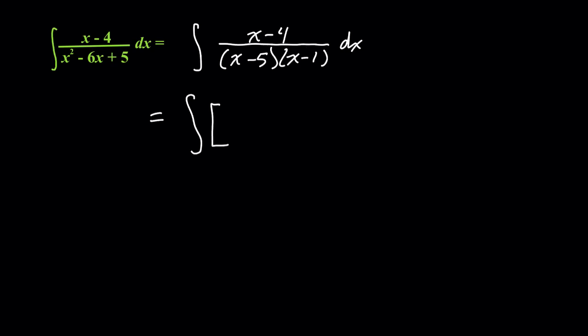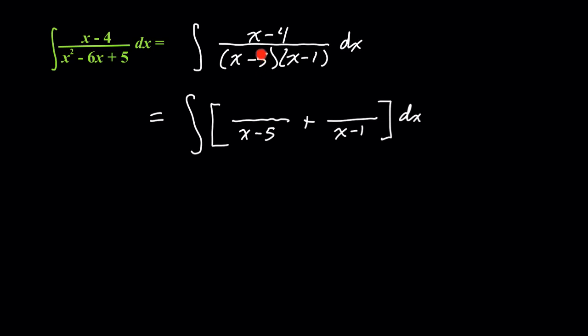All right, so what we're going to do now is let our denominators in our simplified answer be something over x minus 5 plus something over x minus 1 dx. And our task is to figure out what are these constants that are going to go up here. So the first thing we're going to do is let x equal 5.